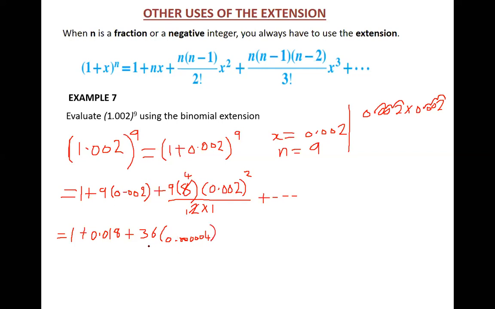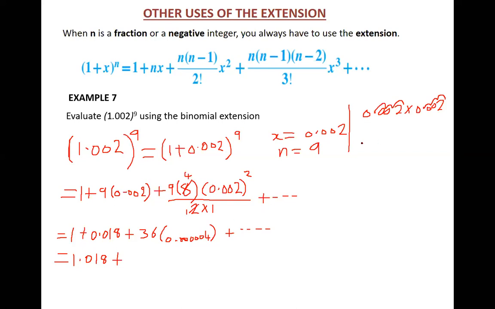Then from there, you have now to multiply that 36 times 0.000004. So this is what we're going to have here. So this is going to be 1. So 1 plus 0.018, you get 1.018, like that. And then plus, you multiply 36 times 4.